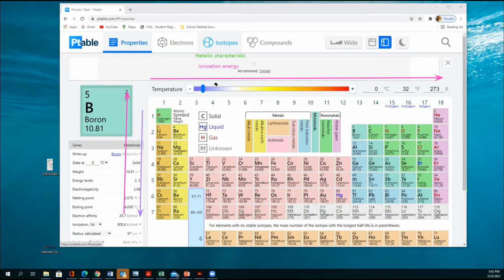Let's see, what about atomic radius? Wouldn't it be the one that's francium? What about it? Atomic radius, like the highest one?